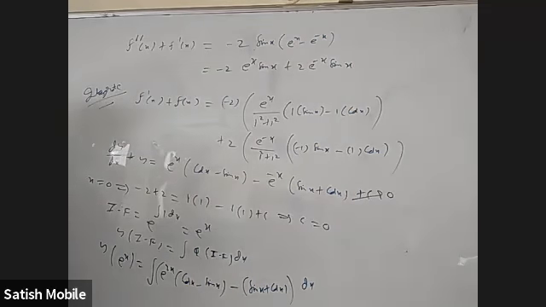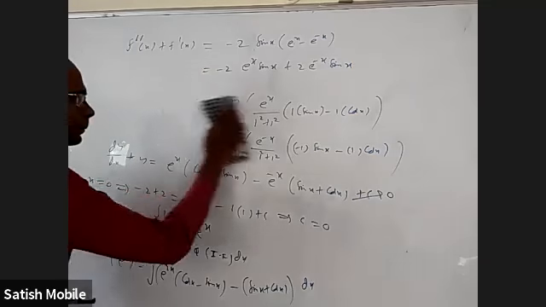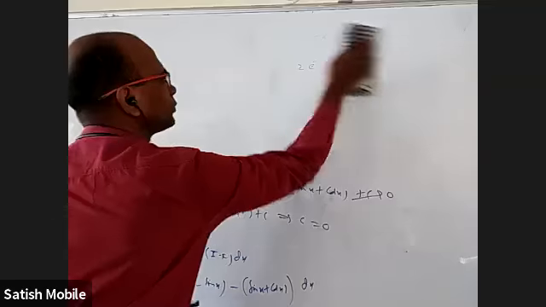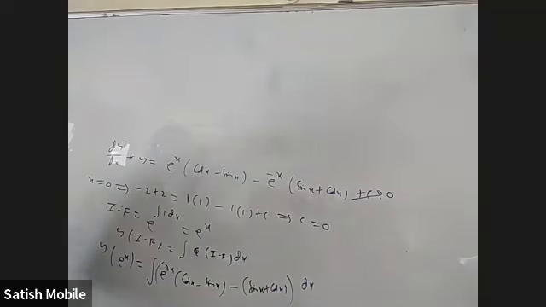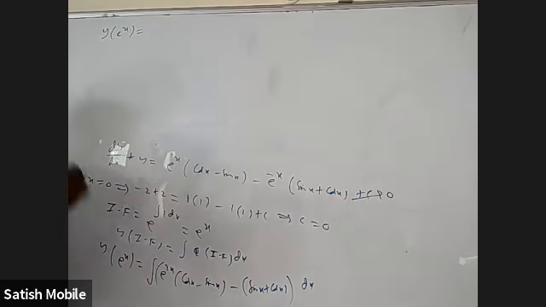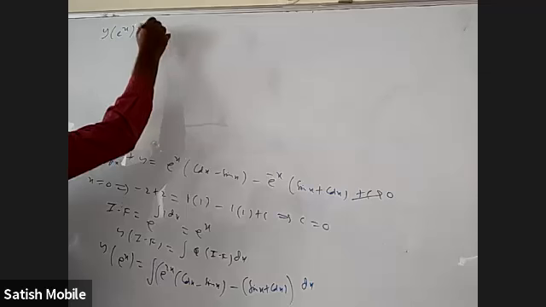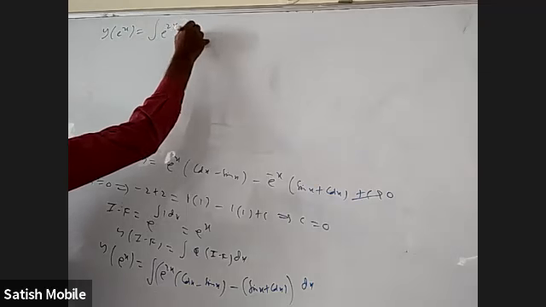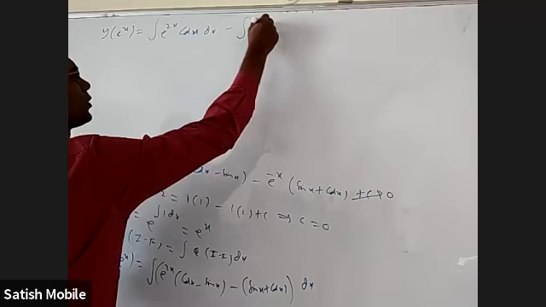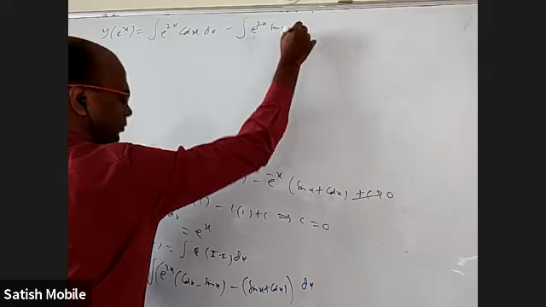We're not yet finished because we have to do the integration here. So y into e power x, if I split it, is the integral of e power 2x cos x dx minus e power 2x sin x dx.